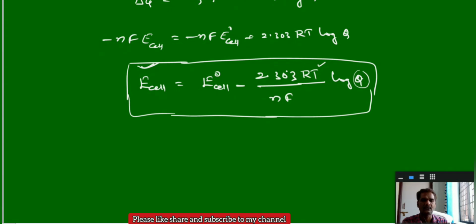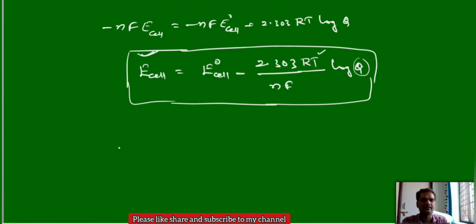And further, generally we can keep the temperature constant at 25 degrees centigrade. Most of the cases they will give the problems at 25 degrees centigrade. If you change the temperature, you can change it, but in about 95% of cases you can see the calculations at 25 degrees centigrade.